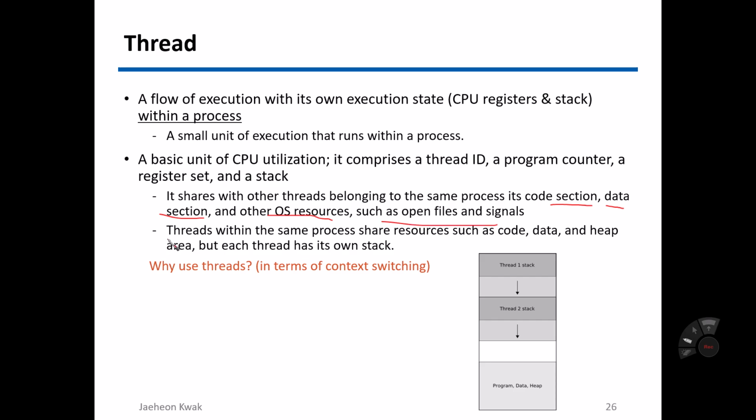Threads within the same process share resources such as code, data, and heap sections, so they share the global variables. However, each thread has its own stack. Local variables are stored in the stack, so local variables are not shared among the threads within the same process.